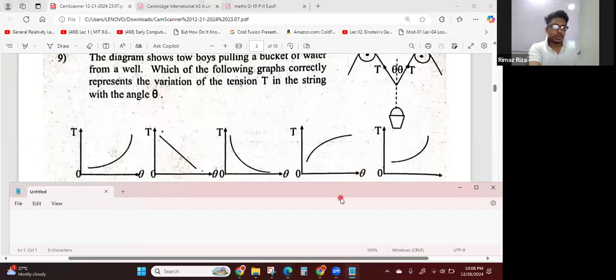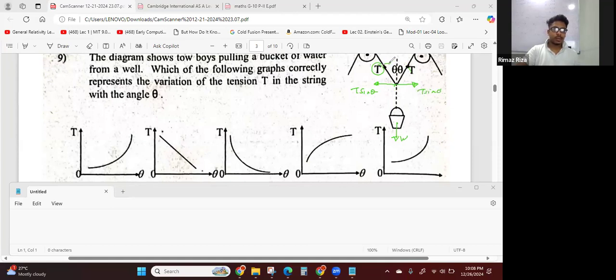Or else you can consider the force equilibrium. Let's say the weight is W. You can resolve this tension into two components. This one will be T sine theta, and this one also T sine theta.